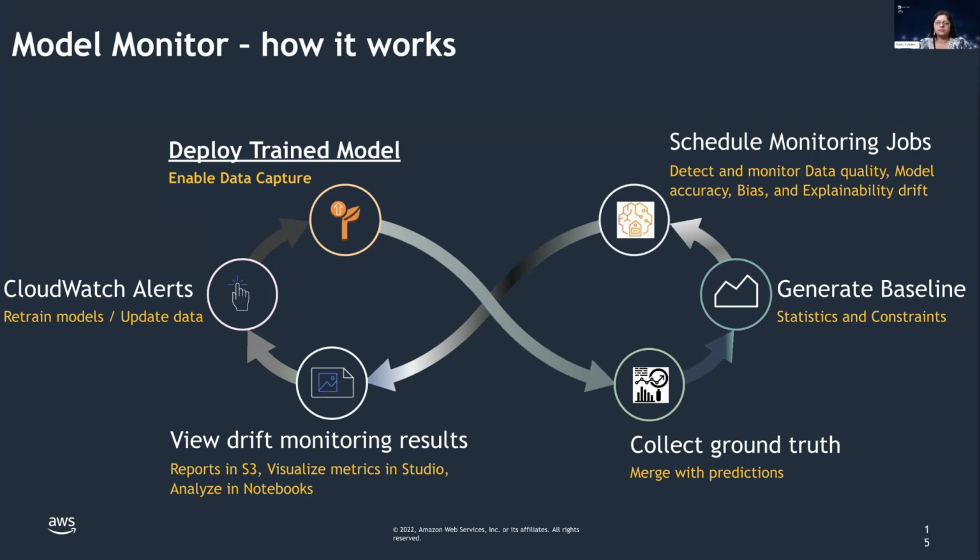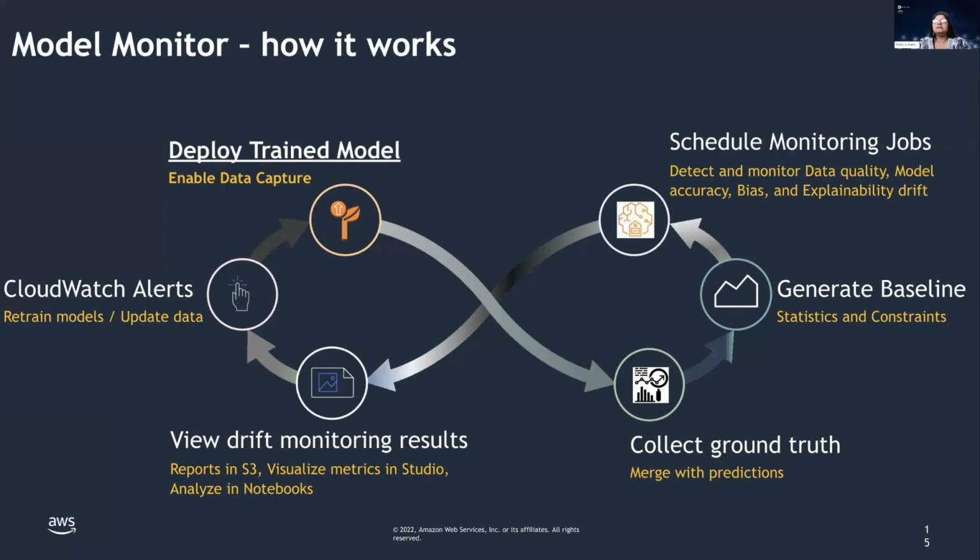One is you're capturing the data which is sent to the model, and there is a specific way you enable it in the SageMaker API where you enable the data capture. And the other one is what we call ground truth data. I will be referring to it as ground truth. It does not mean SageMaker Ground Truth. It's just the ground truth data. So the other data that you're going to capture is the ground truth labels.